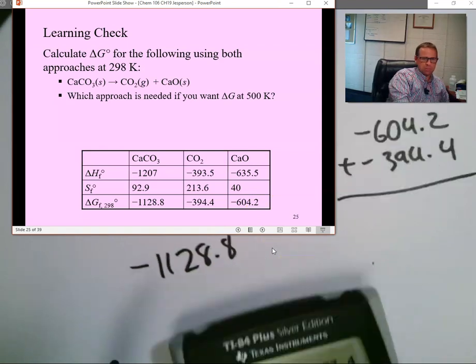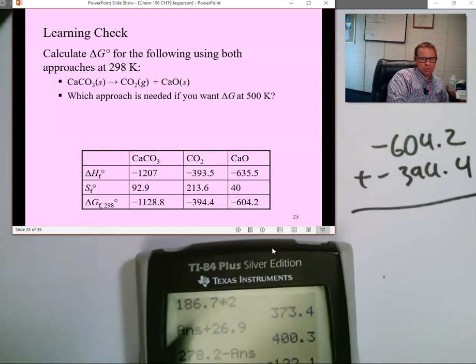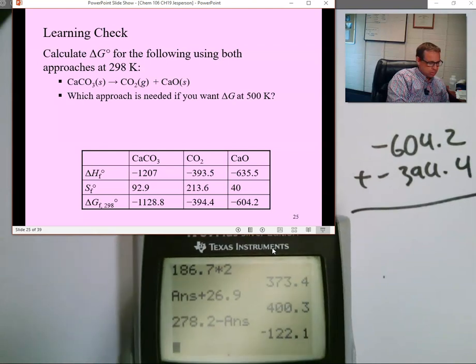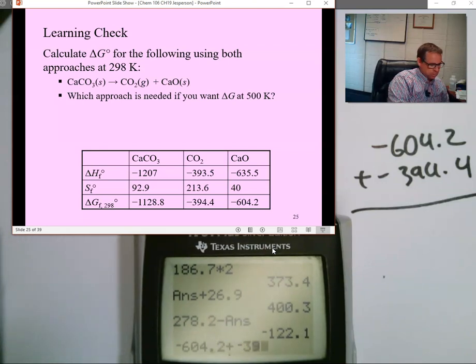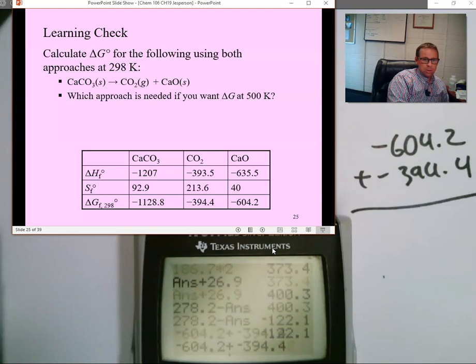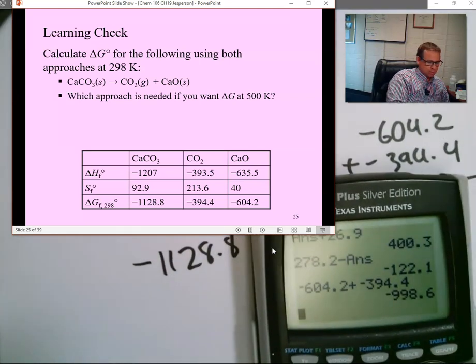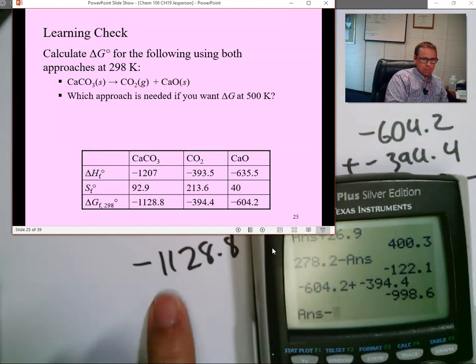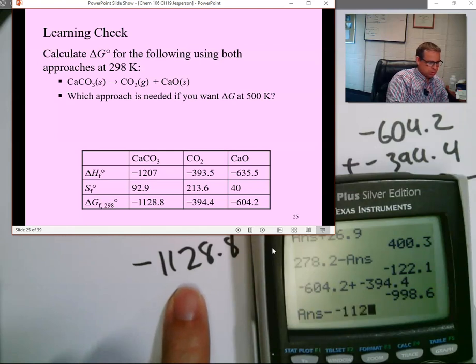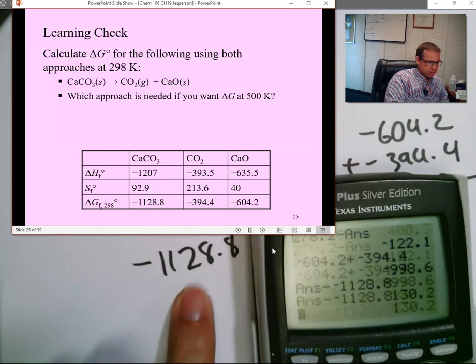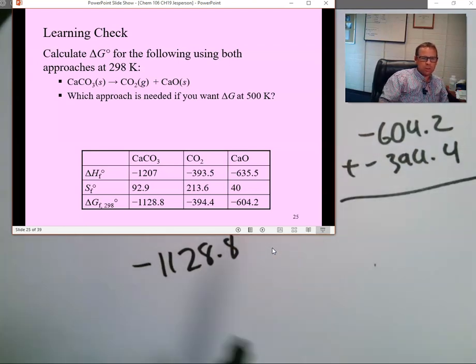So let's combine our 604.2 and our 394.4. All right, negative 998.6 product. That's our sum of our products. Minus our reactants. There's just one. 1128.8. So we get a positive 130.2.